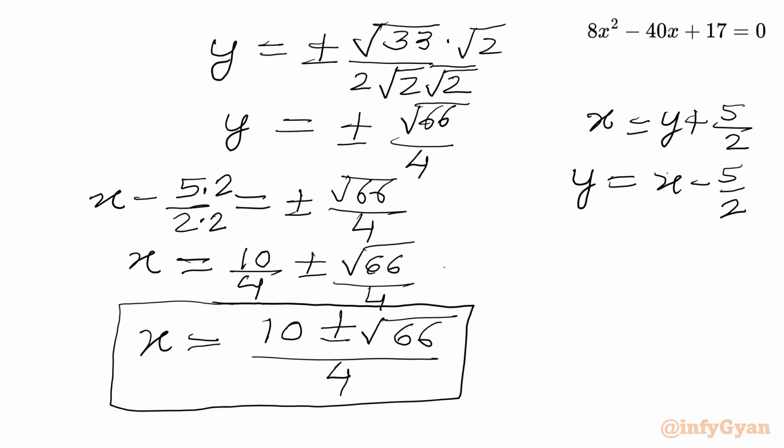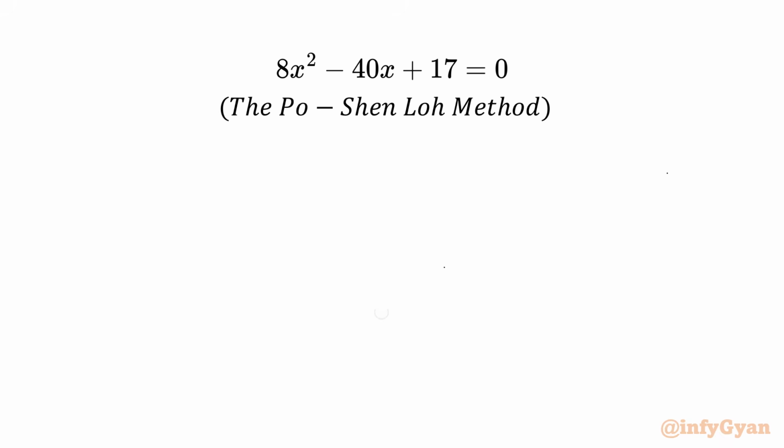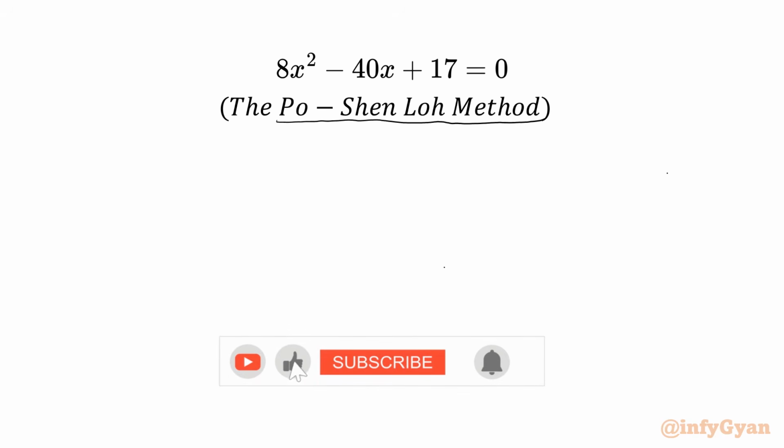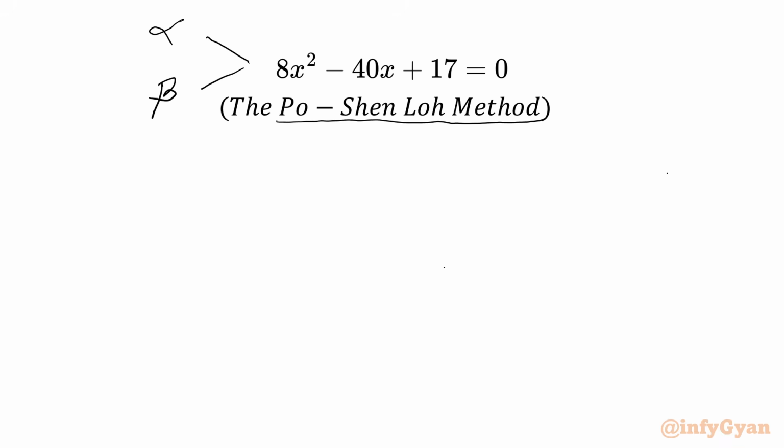Now we will take up the same equation which we will solve using the Po-Shen Loh method. So first of all, we will consider two roots alpha and beta. Using Vieta's formula, alpha plus beta will be minus b over a, so 40 over 8, which is 5. Alpha times beta will be c over a.